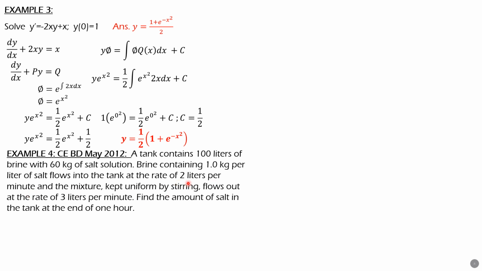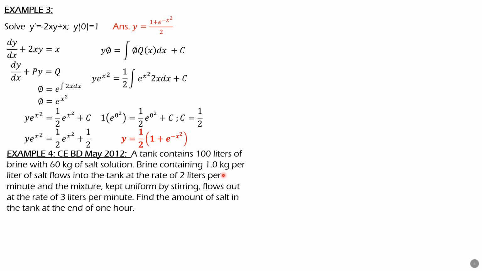So this is Q in, rate in, 2 liters per minute. And this is the concentration in 1 kilogram per liter of salt. And the mixture kept uniform by stirring flows out at the rate of 3 liters per minute. So rate entering is 2, the rate of flow outside is 3, so the volume of brine solution inside the tank decreases.